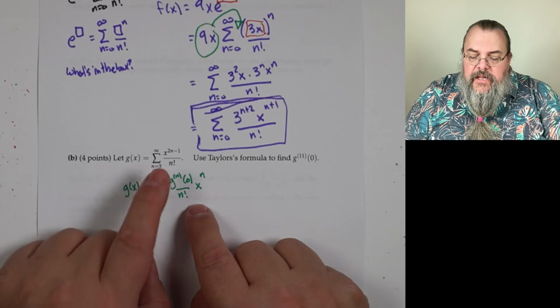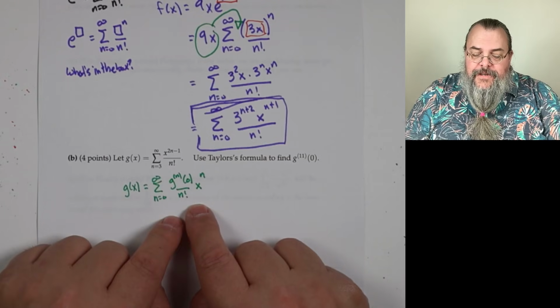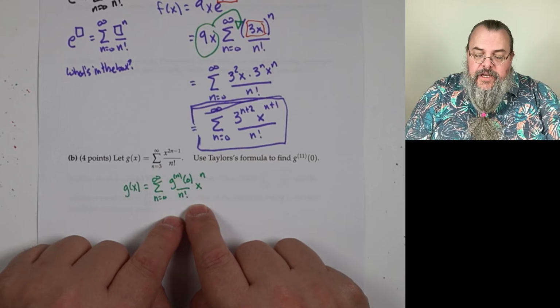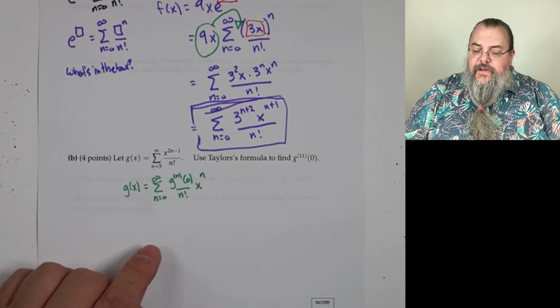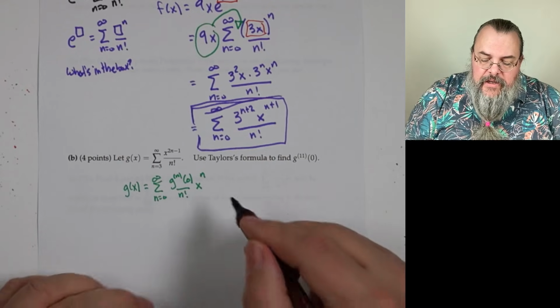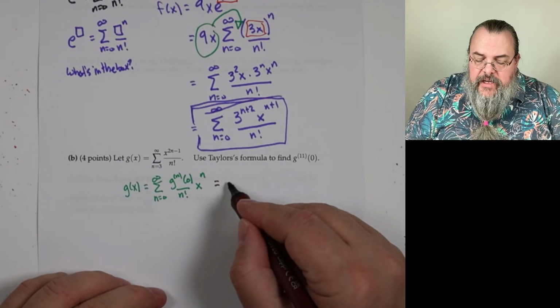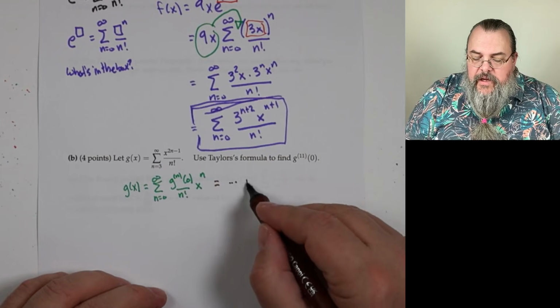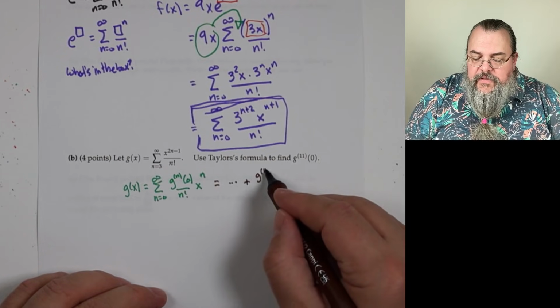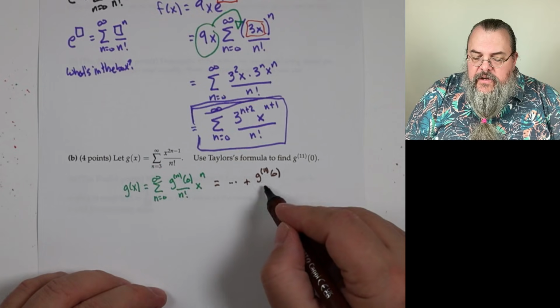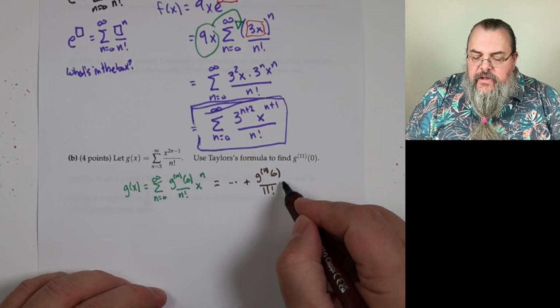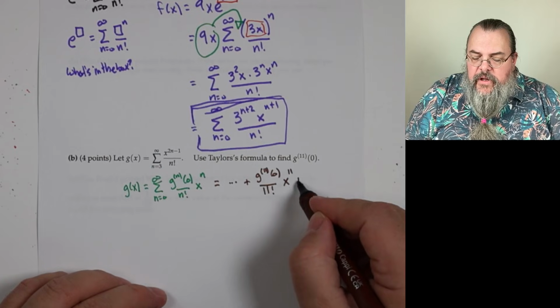When will I see the 11th derivative? Well, that will be when n equals 11. So in particular, this looks like dot, dot, dot, plus the 11th derivative at 0 over 11 factorial x to the 11th plus dot, dot, dot.